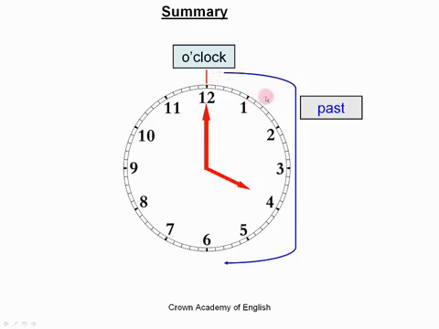If the minutes are between 12 here at the top, if they are here and going down to here, then we say past, all the way to half past. And if the minutes are on this side of the clock, so after half past, and all the way up until the hour, then we use to.